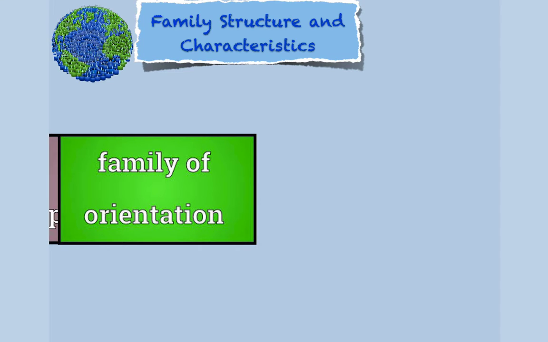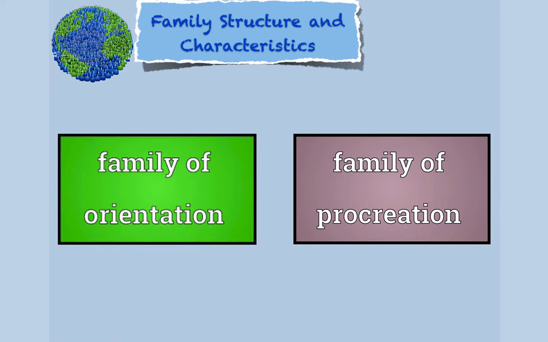Now alternatively, there is what's called a family of procreation. This is the family that when you meet somebody and have a partner and either have children of your own or adopt children, that's your family of procreation. So the family of orientation is the one you're born into. The family of procreation is the one that you create.